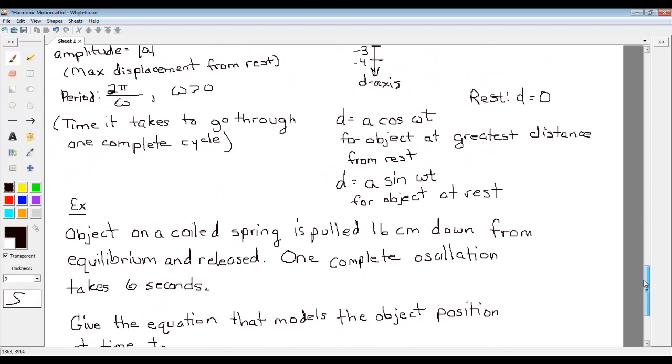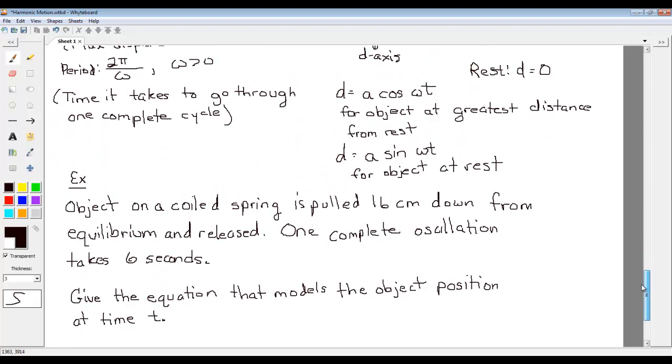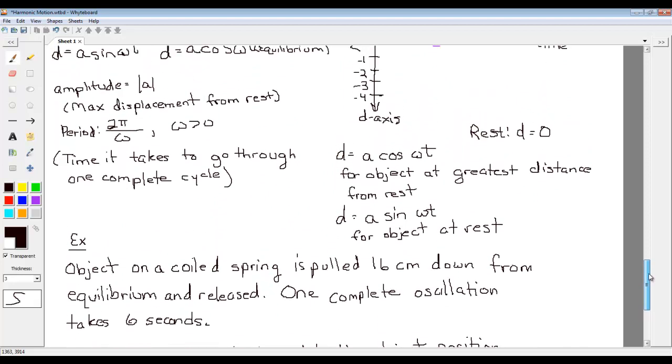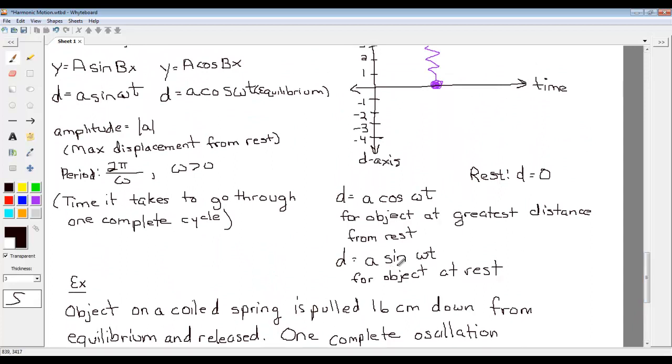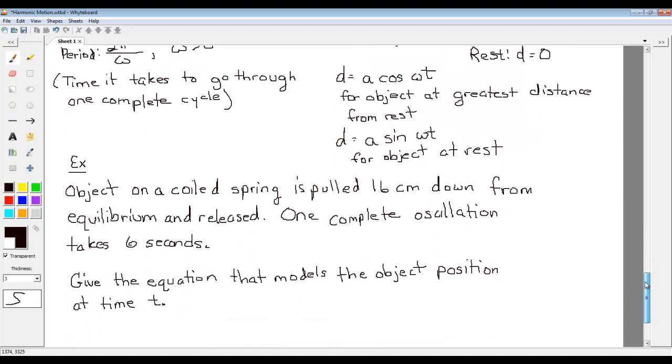Okay. Now, if we're pulling it all the way down 16 centimeters, that's going to be its maximum displacement from rest. We're doing it from a distance from rest. We're going to use d equals a cosine omega t.